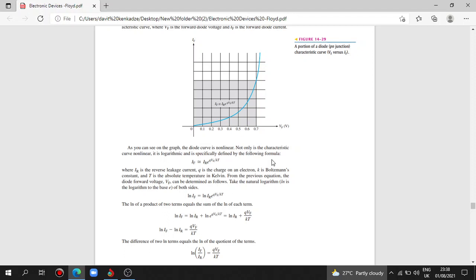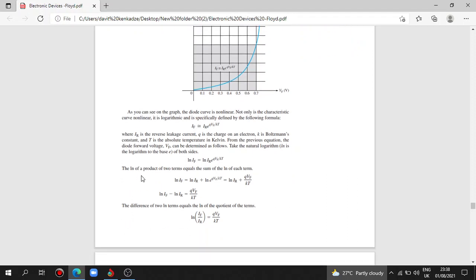and it is specifically defined by the following formula: I_F = I_R e^(qV_F/kT). You have to know this formula from introduction to electronics. This is the current of a forward biased diode, where I_R is the reverse leakage current.